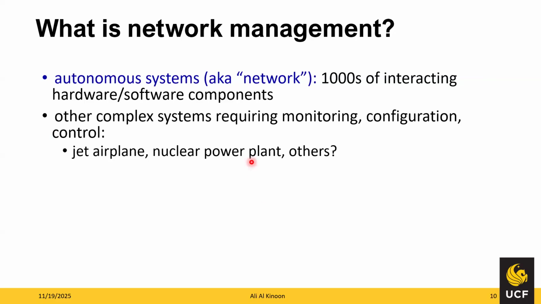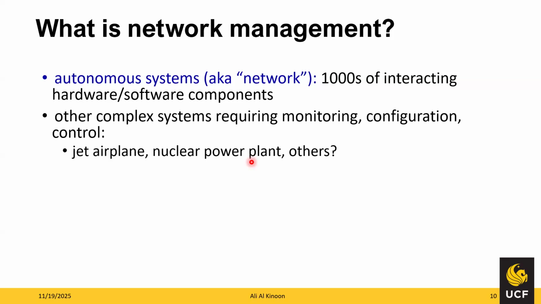So the idea is that we want to start and identify what network management is. And basically, network management is focusing on keeping a large network and infrastructure or topology running properly.